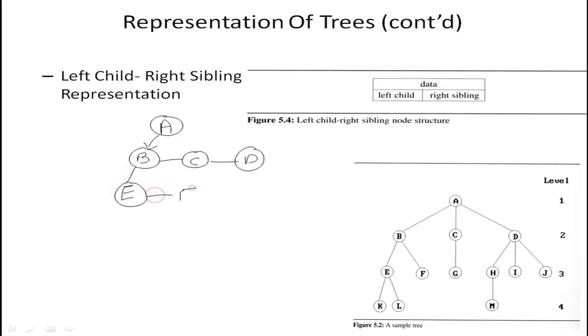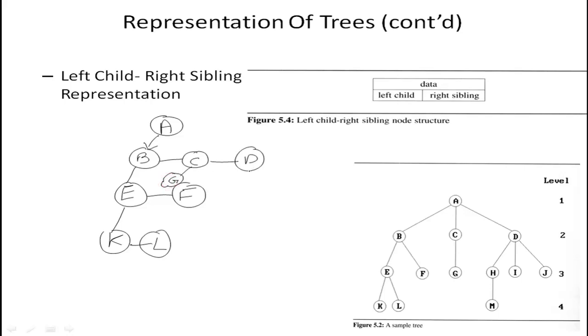It has a sibling which is F. This is very simple. E has a child which is K. K has a sibling which is L. Next, C has a child which is G. So I write G over here. That is done.